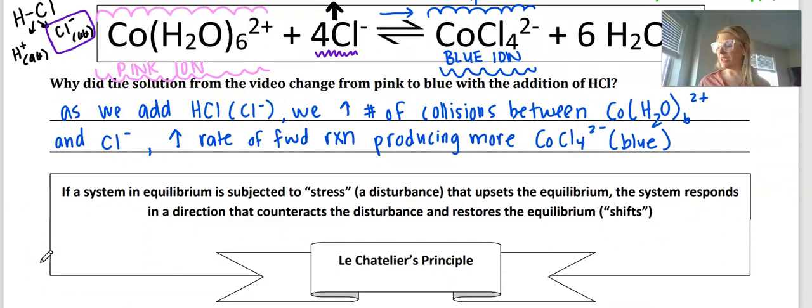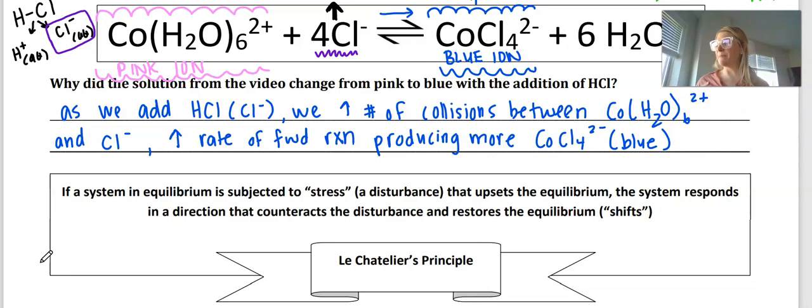If a system in equilibrium is subjected to a stress or some form of disturbance that upsets the equilibrium, the system responds in a direction that counteracts the disturbance and restores the equilibrium, and that's called a shift.